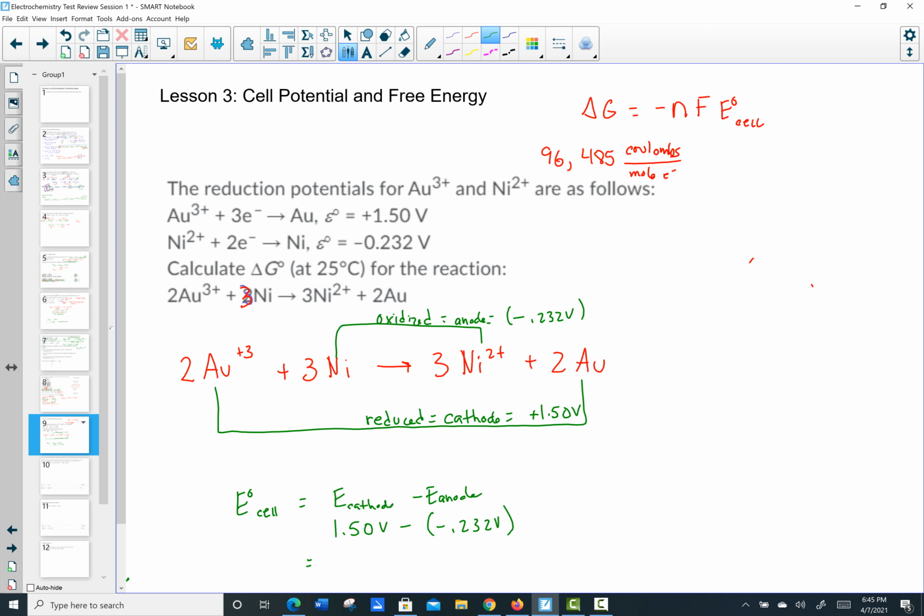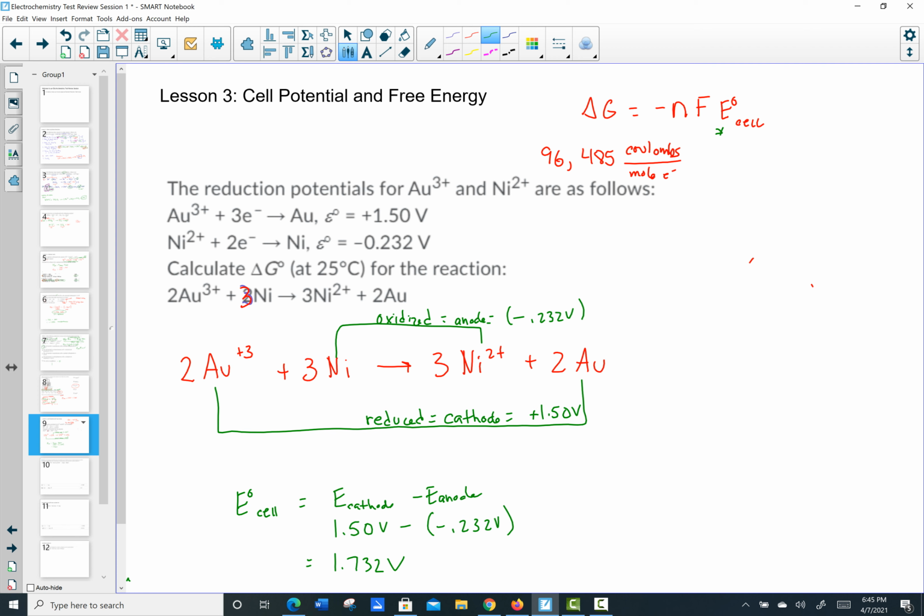Subtracting a negative number means we'll add them together. When we add that together, 1.5 plus 0.232, you get a value of 1.732 volts. That's the E cell part of our equation.